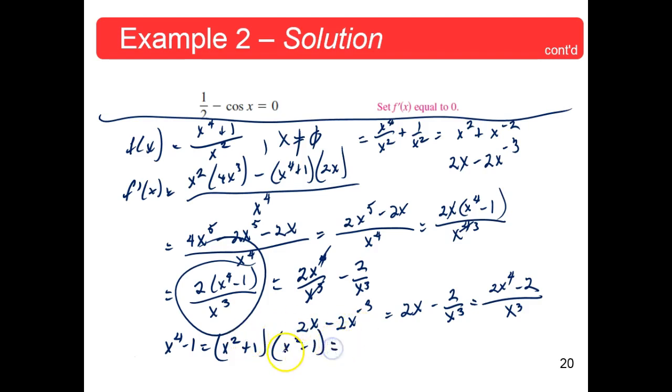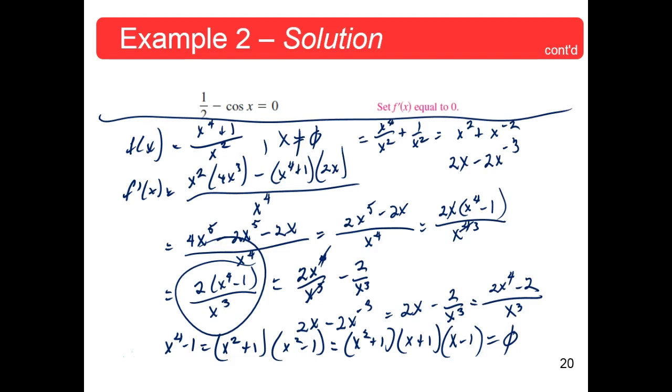No, because this x squared minus 1 will factor again, so let's leave x squared plus 1 times, what would that be? X plus 1 times x minus 1. And we want that equal to 0. Okay? If that's equal to 0, your first derivative is equal to 0, right?